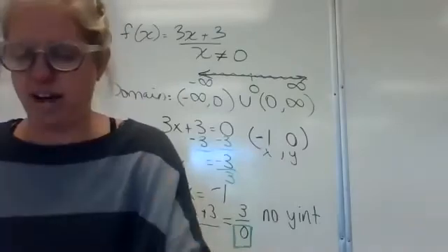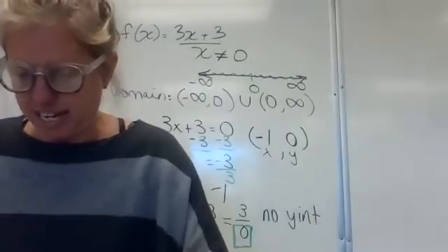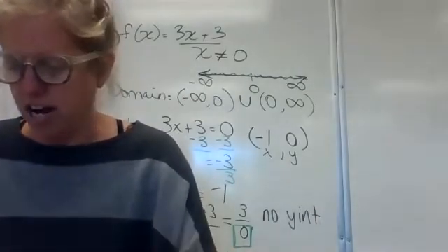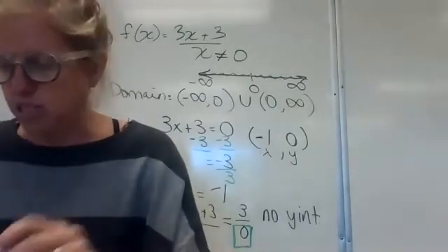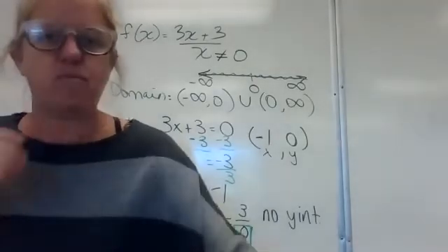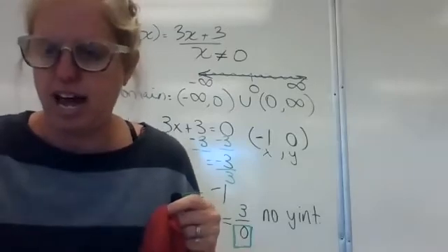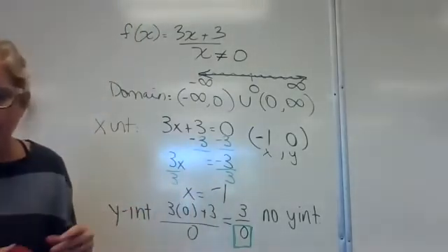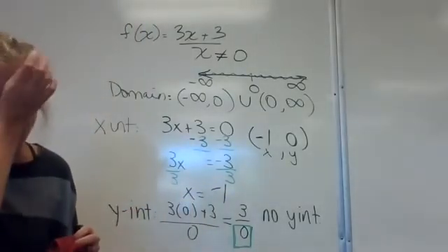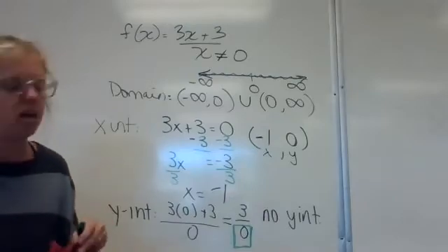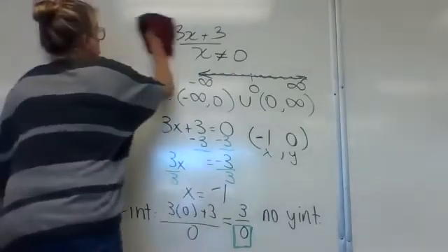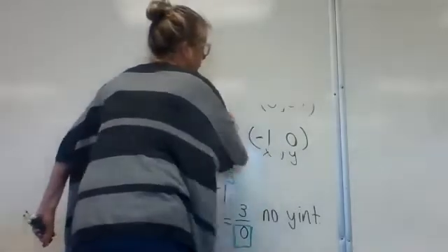All right, now 15, 16, 17, and 18 are all going to ask me every single possible thing we have learned about rational functions. Starting with domain, it's going to ask you about the x and y intercepts, then the asymptotes, and then it's going to ask you to choose which graph it is.